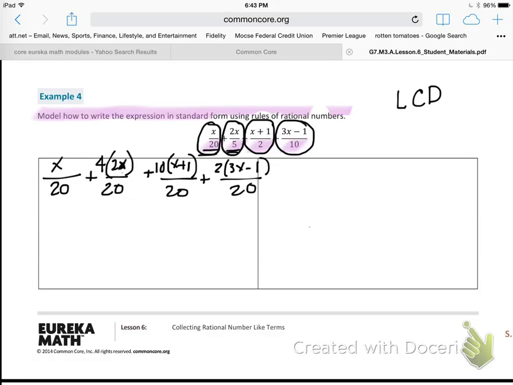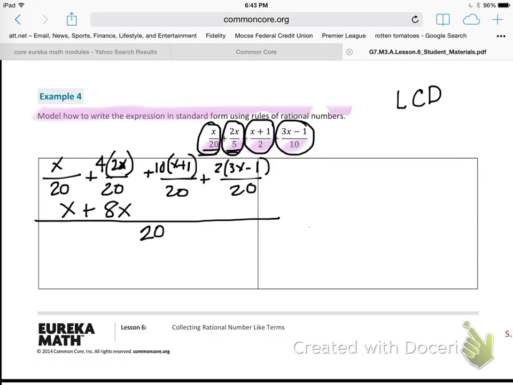So at the next step, we could just go down and put one 20th right in the middle there, all right? Because that's going to represent everything. Just like if you're multiplying 1/6 plus 2/6 plus 3/6 plus 4/6, you're only going to have 1/6 at the end. So we have 20ths, and let's go ahead and put these up here. So now we have x, and now we have plus an 8x.